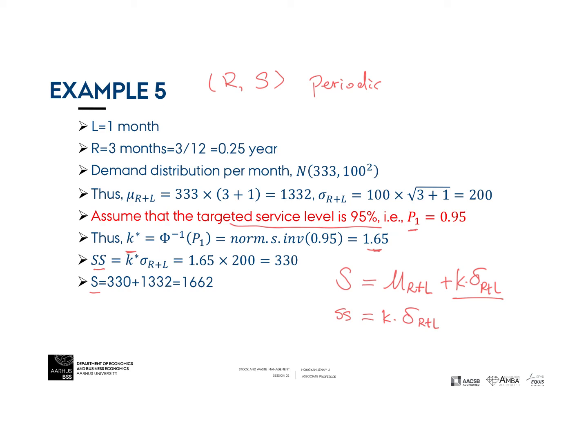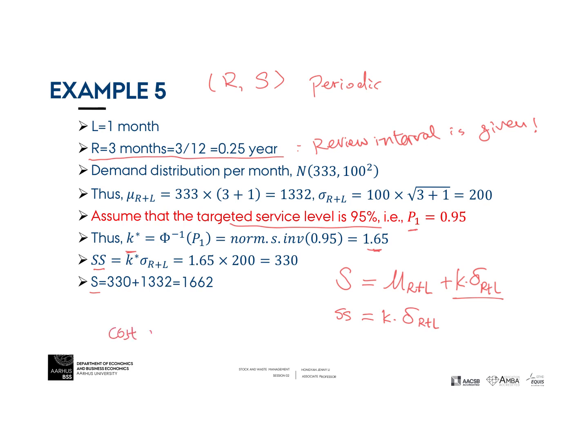In this problem, our R, the review interval, is given. So we do a sequential optimization. If you ask what is the best review interval or the reorder period, then I would suggest you try different R values and see if they give you a better cost structure.